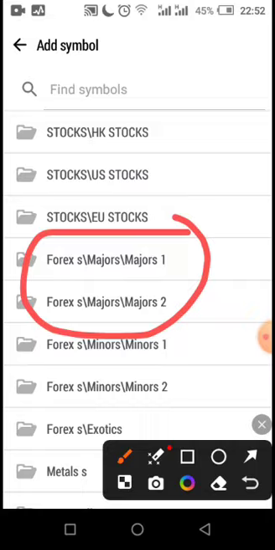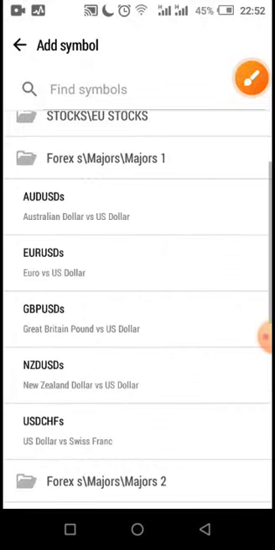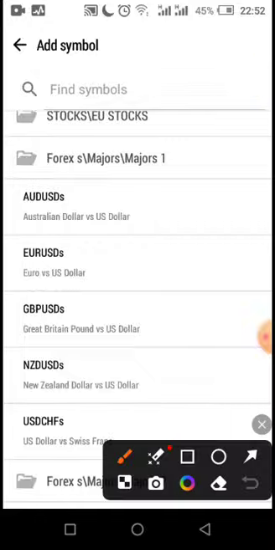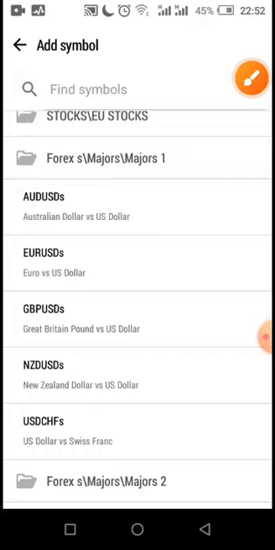So usually the spreads and commissions charged by brokers to trade them will be cheaper. You have less expenses. Now, major currency pairs are currencies of the best economies, of well-developed countries, which will be traded against the US dollar.